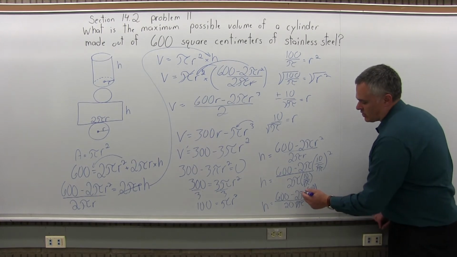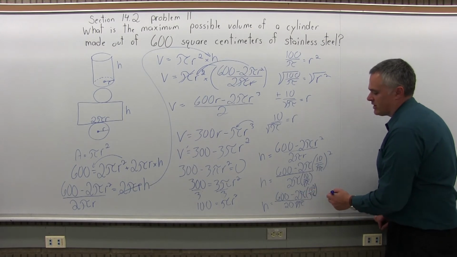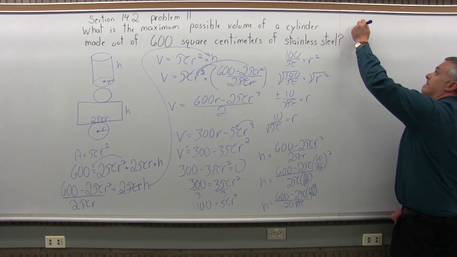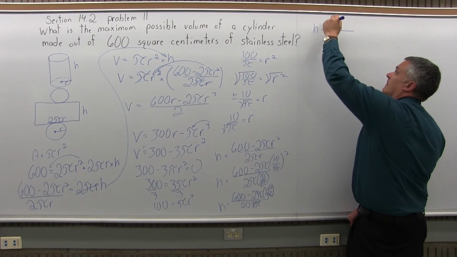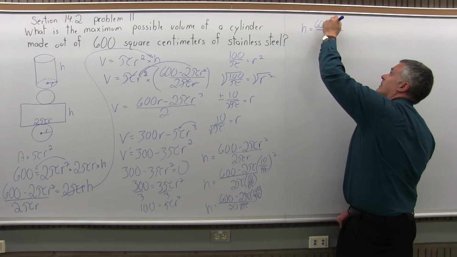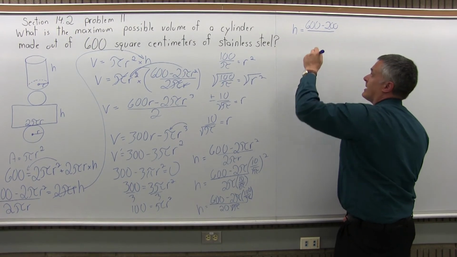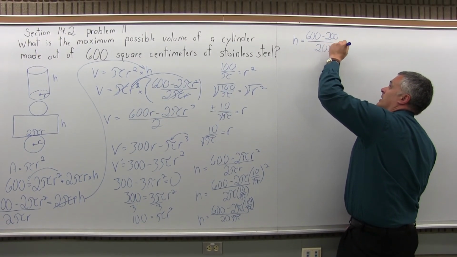So right here in the top, I'm going to have pi, I can reduce them. That's going to be 200. So I'll have 600 minus 200.